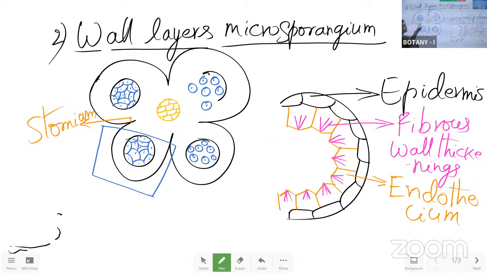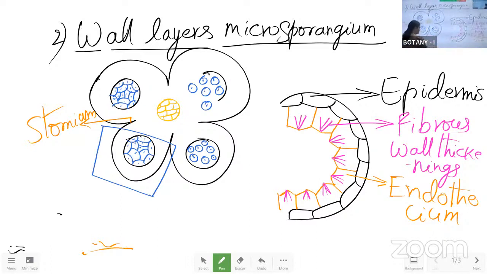At this stomium, the stomial cells, that means the epidermal cells which are very thin walled, long elongated cells at the joining of the lobes, are called the stomial cells. So whenever these endothelial cells expand and contract, they will make the stomial cells split at one fine movement so that they release the pollen grains into the dry atmosphere. Okay, so that is the hygroscopic nature. For that, they have the fibrous wall thickenings, which give support for the endothelial cells.